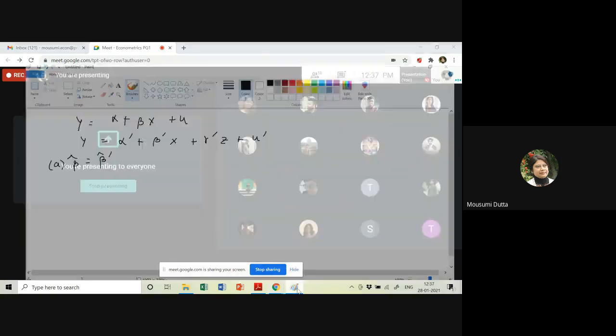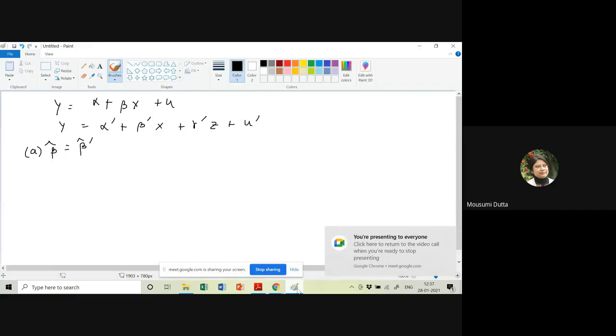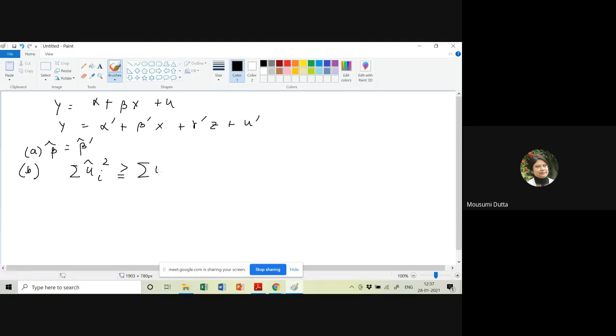So next is B. These are the estimated sums of squares of the residuals. So these are all RSS values.